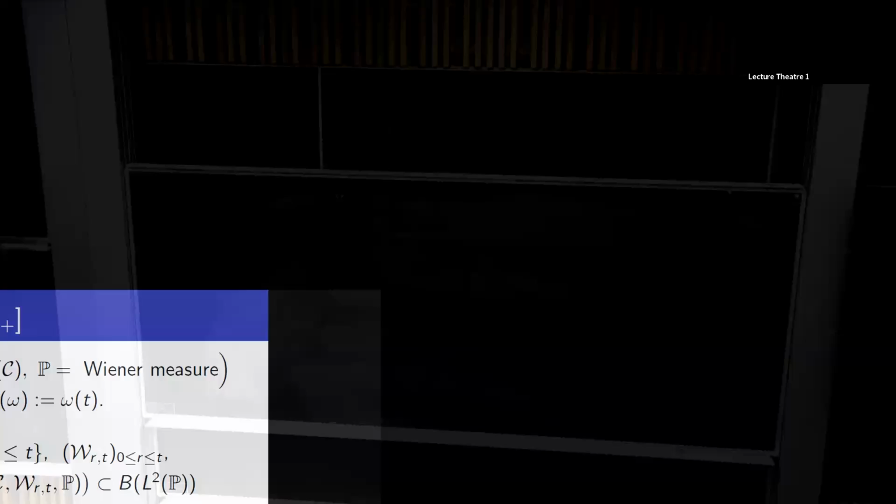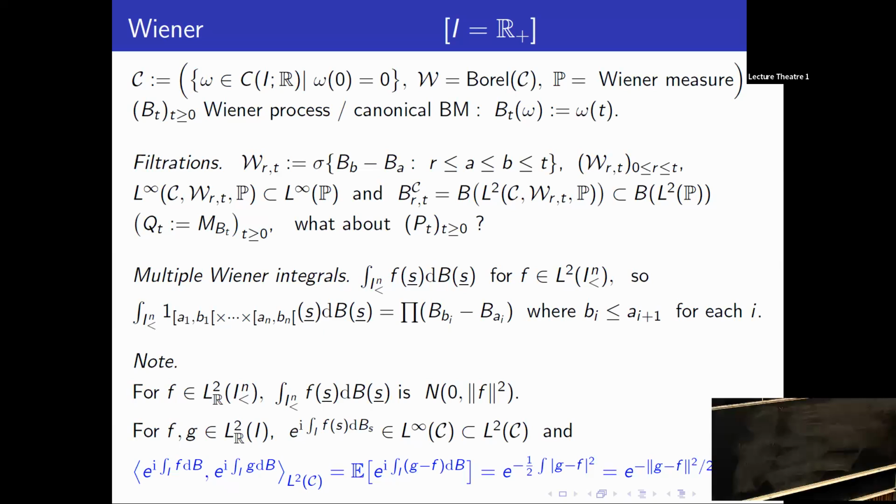That extends linearly, and it's very easy to see from the properties of Brownian motion, independence of increments, and so on, that first of all, for linear combinations of these, the quantum Wiener integral of the function f on the simplex is normal, mean zero, and variance norm f squared, and that extends to all symmetric functions.